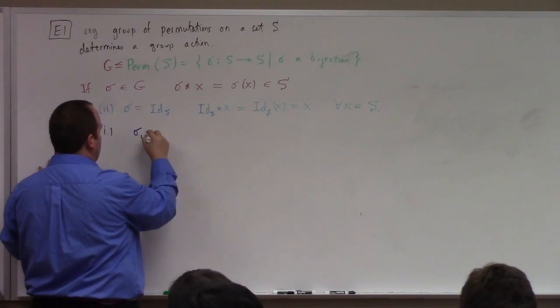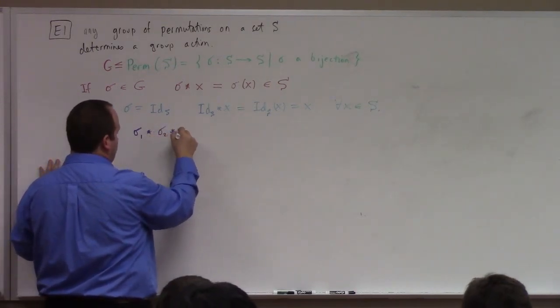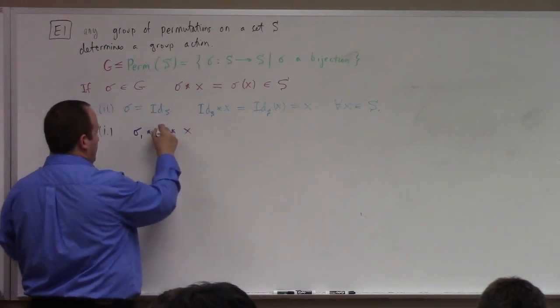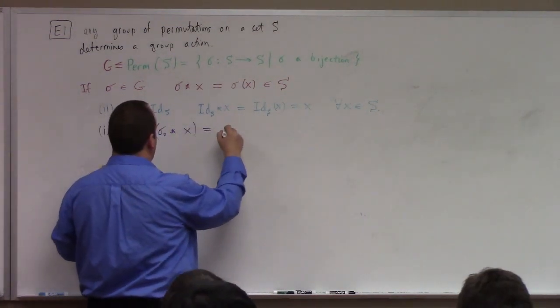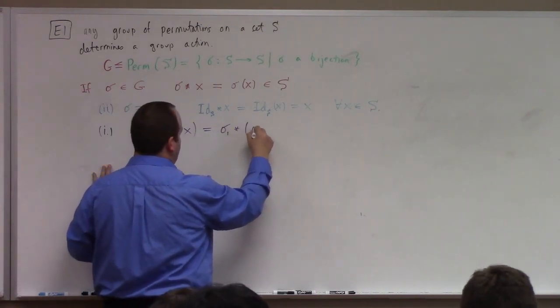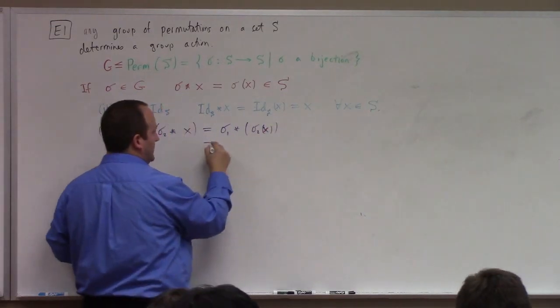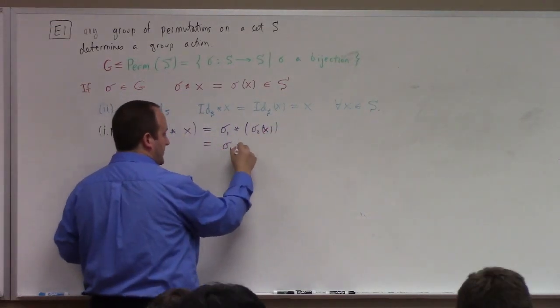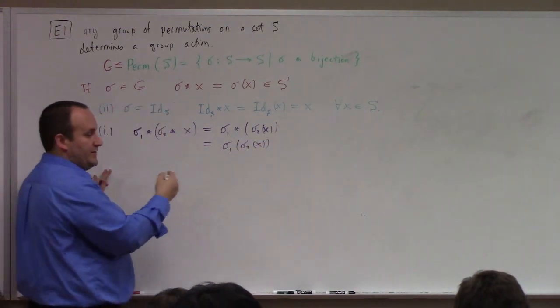If we have sigma 1 star sigma 2 star X, in other words like this, right? Well, that's equal to sigma 1 star sigma 2 of X by my definition, right? Which then by definition is sigma 1 of sigma 2 of X, right? But what's that?